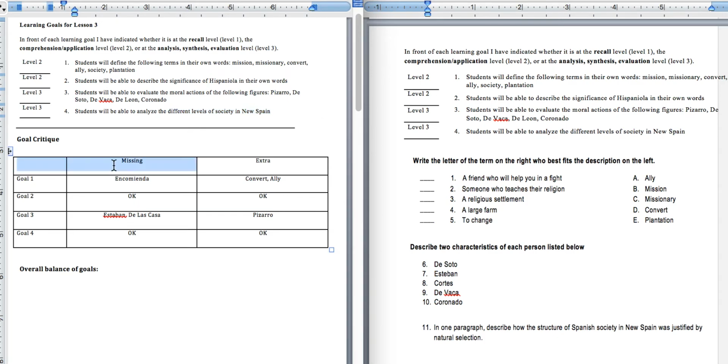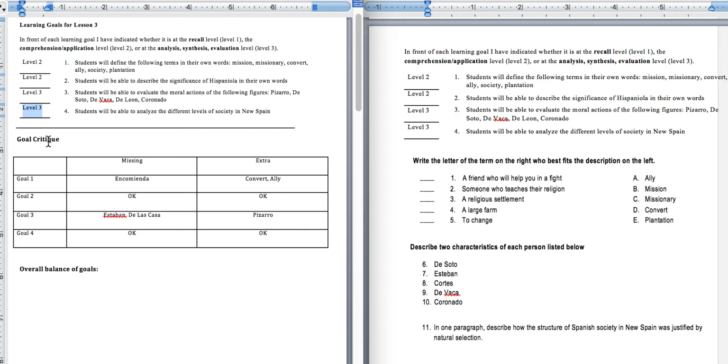Now, once I'm done with that, I look at the levels of cognition for each goal. And what I really want within a lesson is maybe a level 3, maybe 2 level 2s, and 2 level 1 basic recall. At the tops, I would have 1 level 3, 1 level 2, and 2 level 1s.